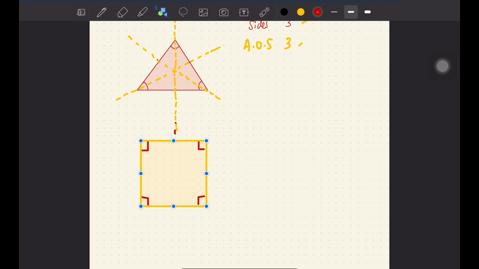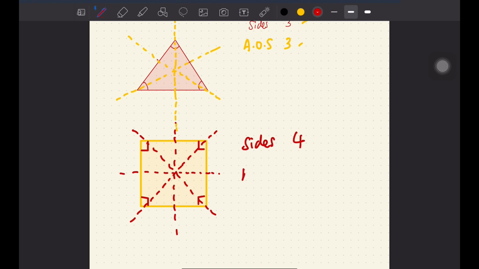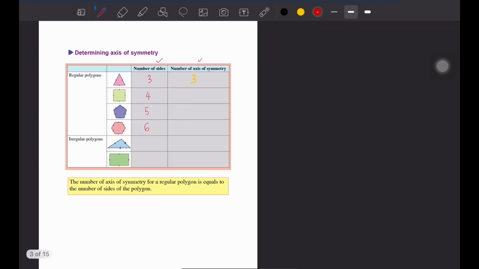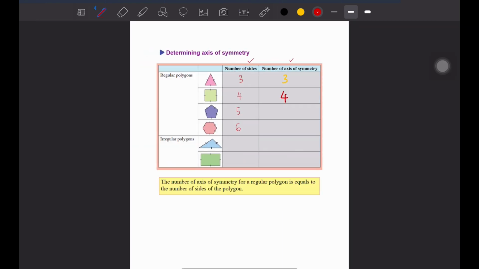This is the first one, 1, 2, over here 3, 4. 4 axes of symmetry. So a square has 4 sides, and axes of symmetry also 4. Am I right? So over here is 4.